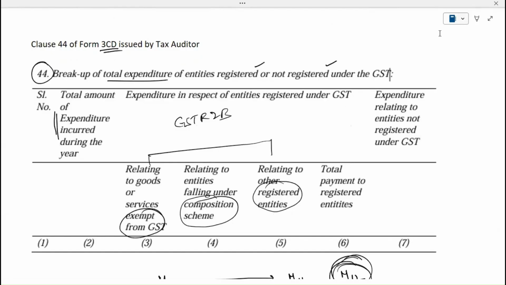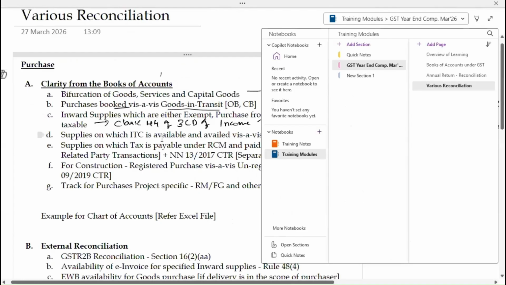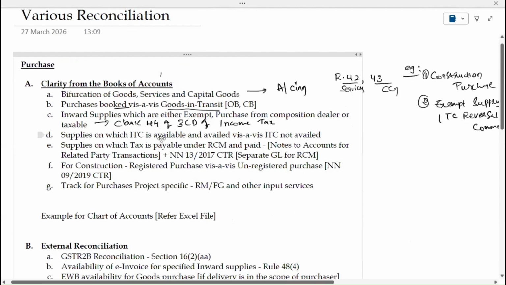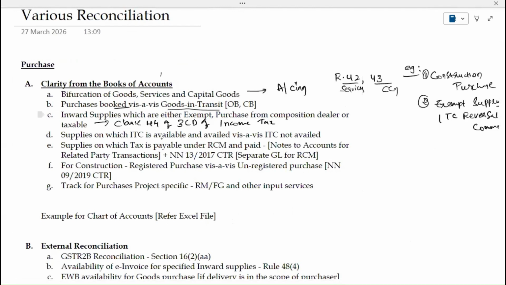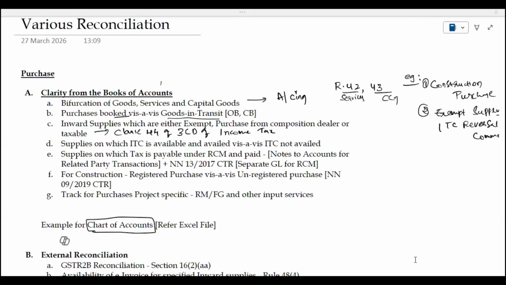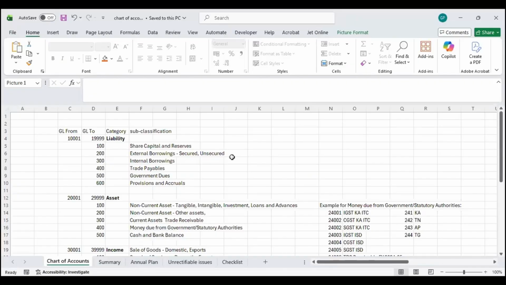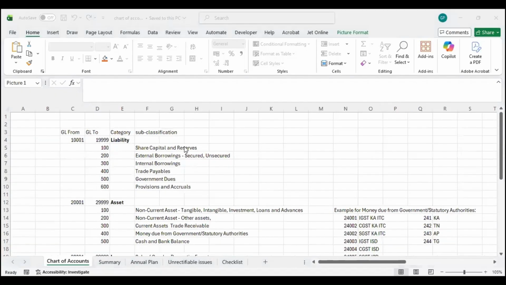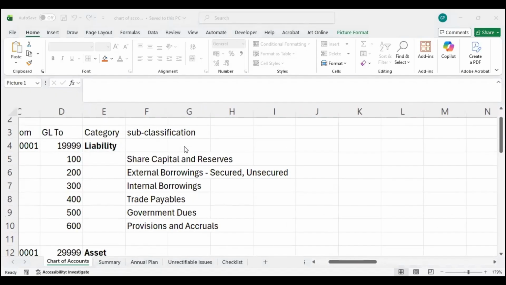So for this purpose, do I have my books of accounts properly maintained with respect to these import purchases? Here I have a separate Excel file where I'll explain the chart of accounts. Multinational companies have this compliance properly taken care of with a proper chart of accounts.